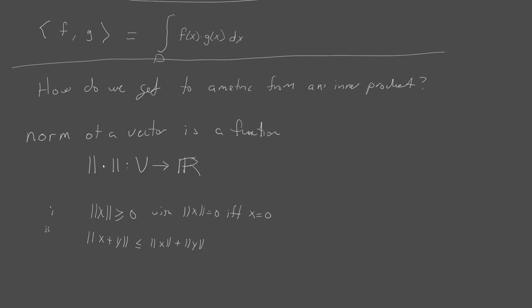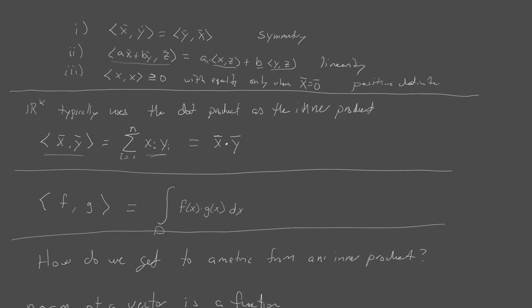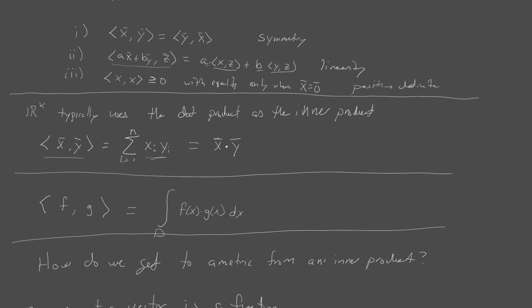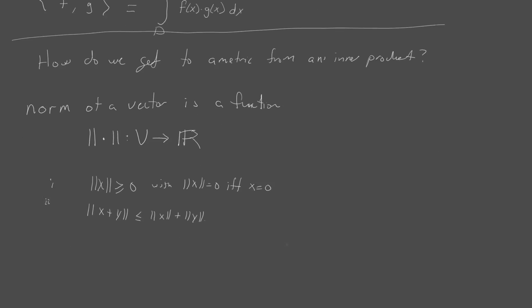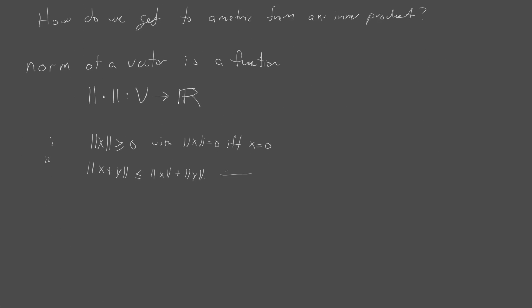Those two things give me a norm, and we can get these from the inner product space pretty easily, because those are very closely tied to this and to some of the other geometry that allows us to get the triangle inequality.